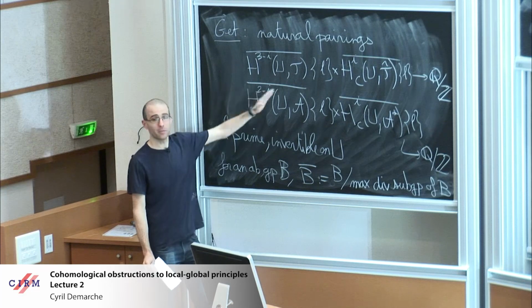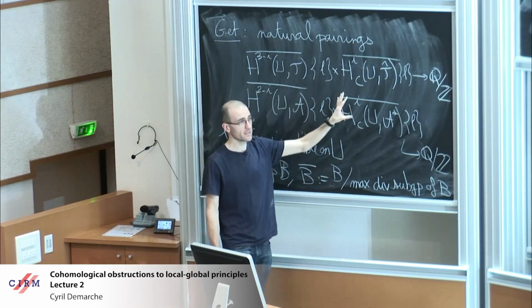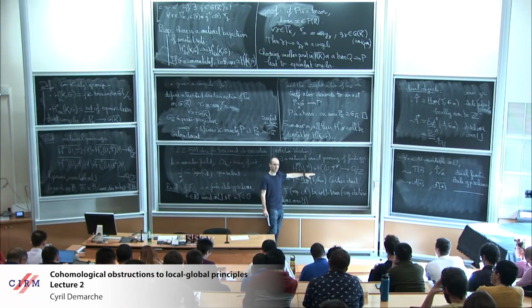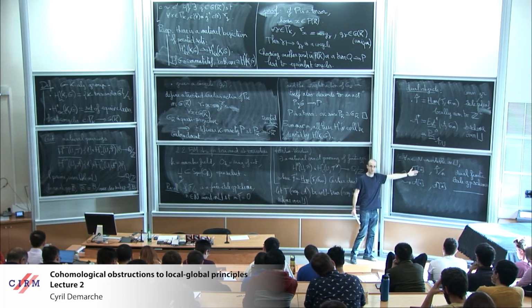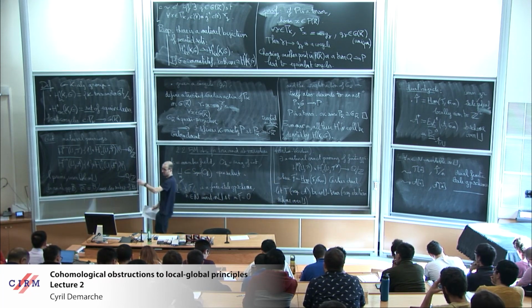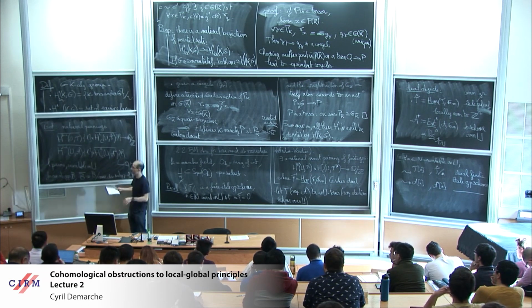So if you mod out by divisible elements, these pairings become exact, because it was exact for F equal to n-torsion of A and n-torsion of T. Okay, so this is very fast. The real proof is more technical, of course. You have to check everything and pass to the limit and so on.